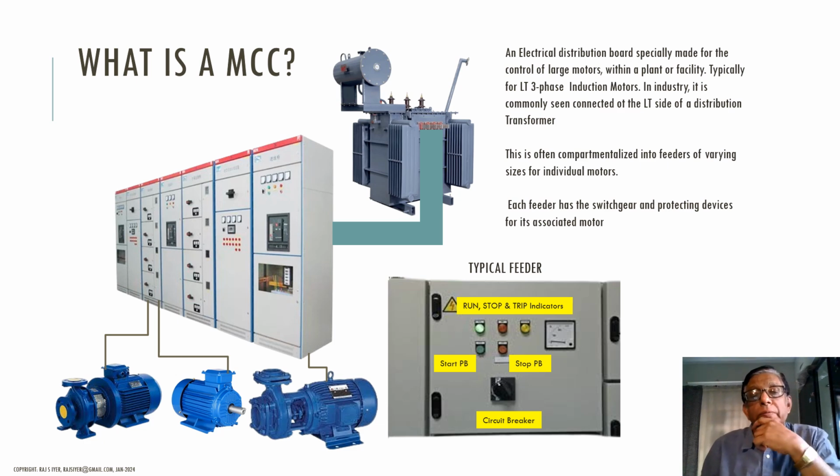Now within this MCC is a set of bus bars that distribute the power, and within each feeder there is short circuit protection and overload protection for each motor. We'll look in greater detail in the coming slides.